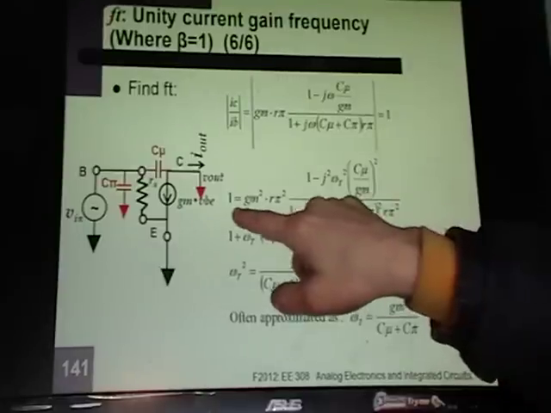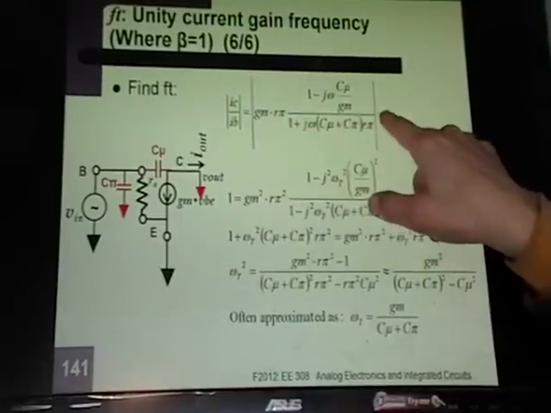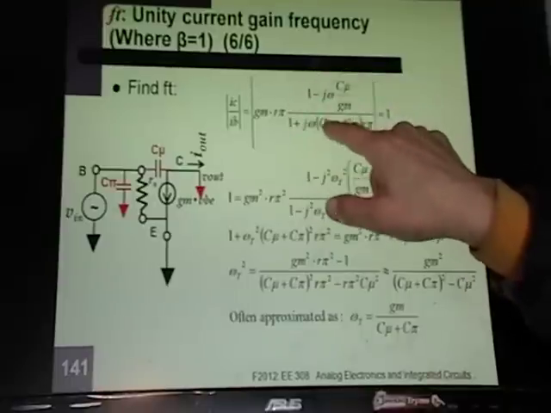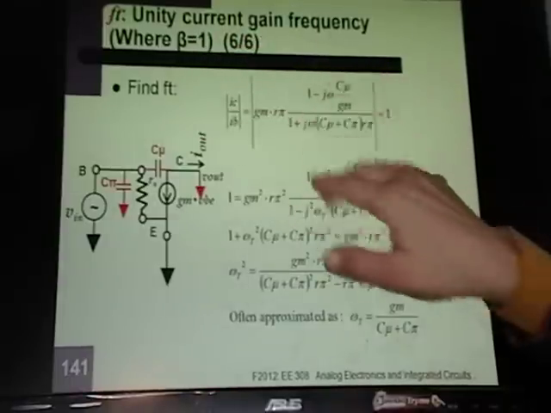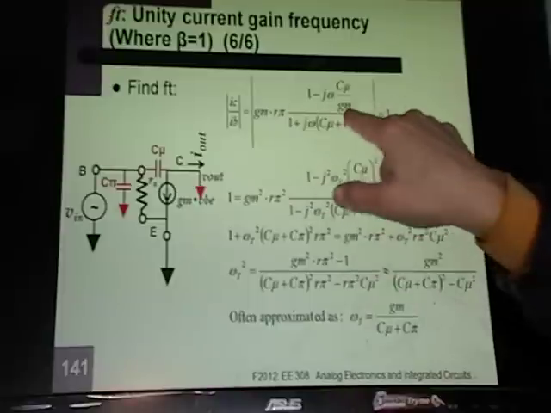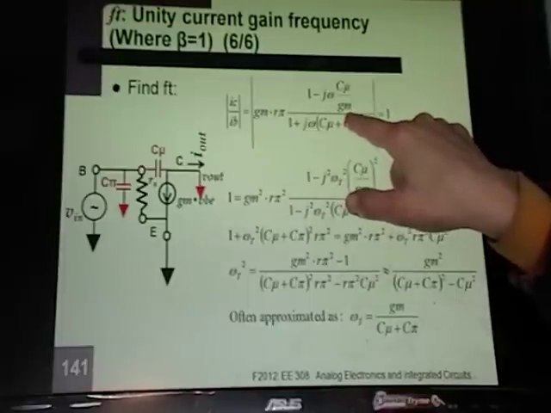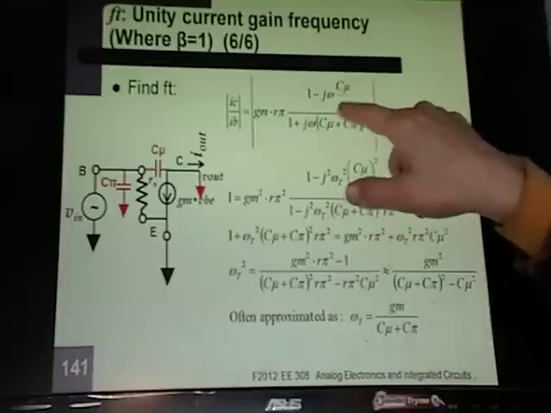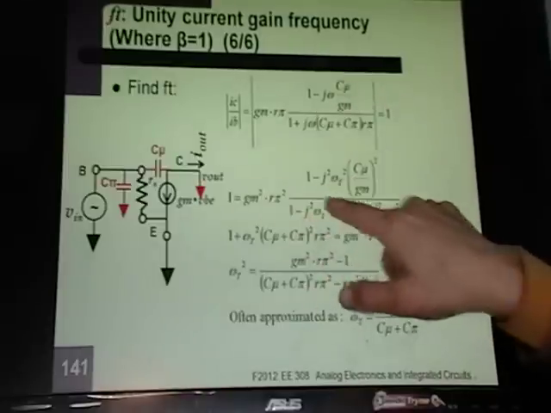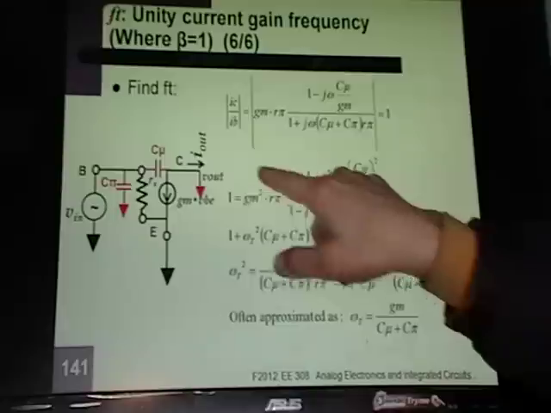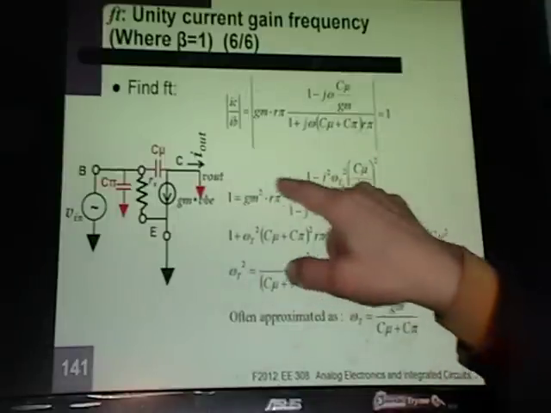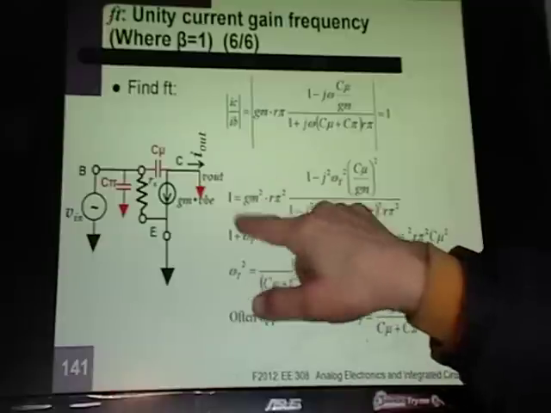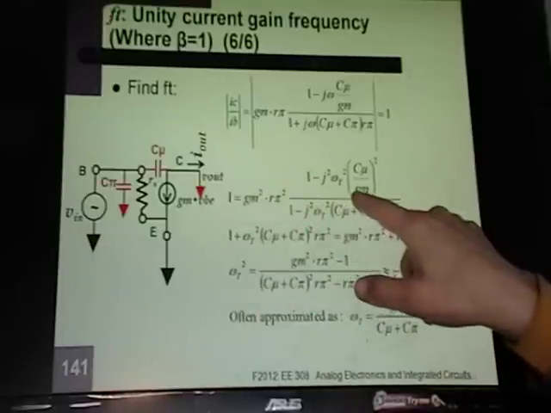Because when I take this, if you want to find the magnitude of this, the absolute value of this, when it equals 1, you multiply this by the complex conjugate, and then take the square root. It means you square it, and you've got a square root equal to 1, so you can square both sides, and that's what I did here. Took 1 squared equals 1, and then the square root of that equals this whole mess.